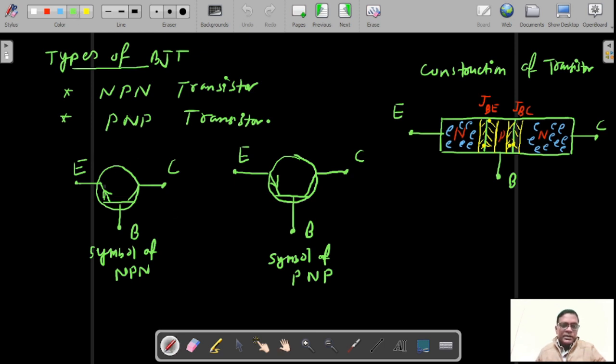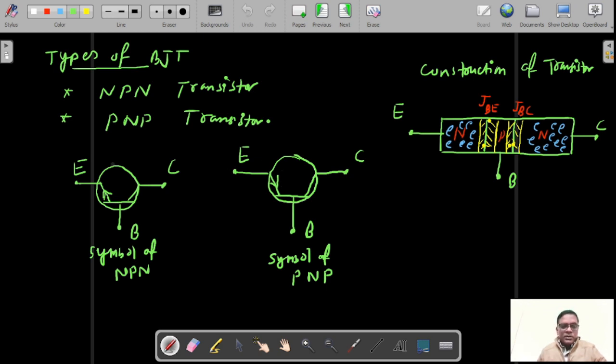What this arrow deals with is that we assume this is the flow of emitter current. And how do we remember which one goes out for NPN and which for PNP?